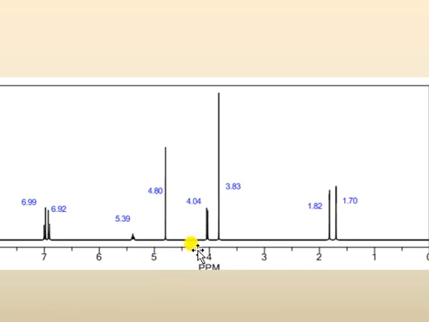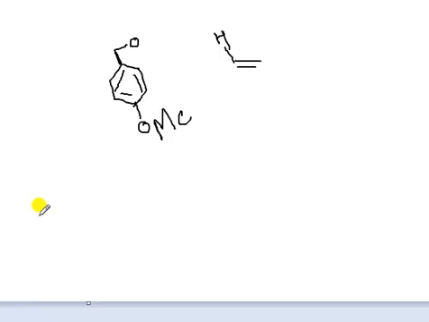And this is a CH2, but a doublet. CH2 is a doublet, meaning the CH2 is attached to a single proton. How can a single proton attach to the CH2? Here is a CH2.